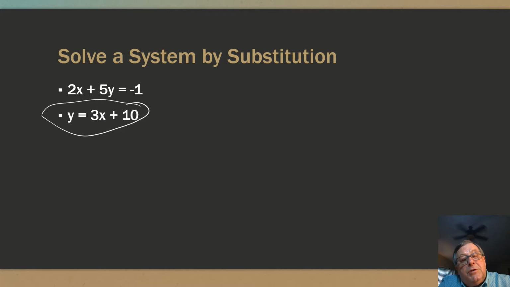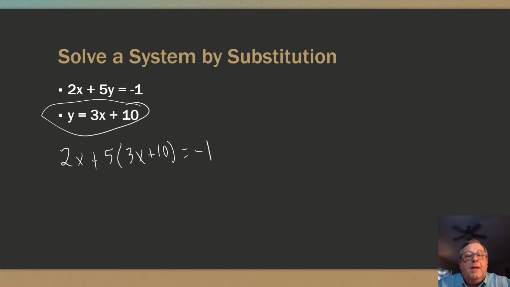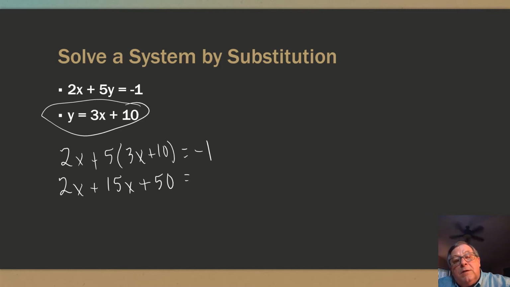So let's go. We got 2x plus 5 times (3x plus 10) equals -1. Well, let's distribute the 5 to the 3x plus 10. So now we got 2x plus 15x plus 50 equals -1.